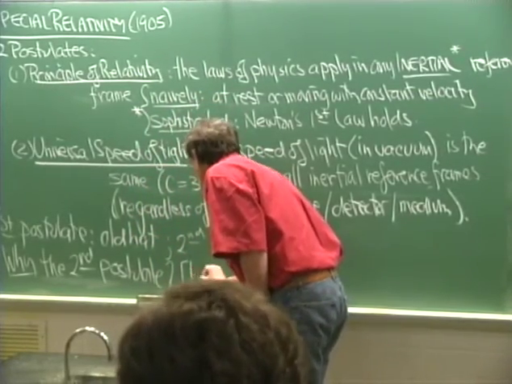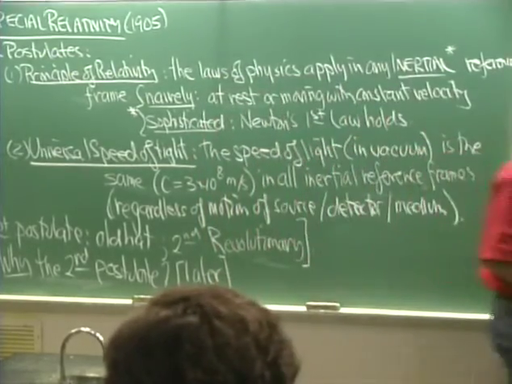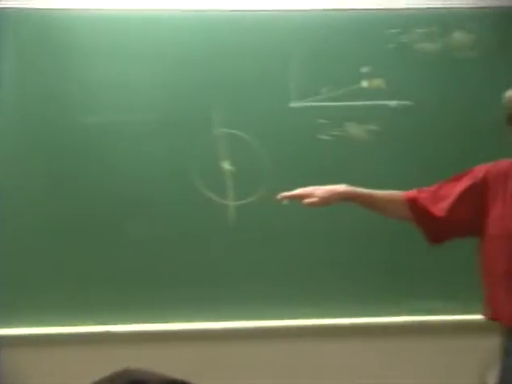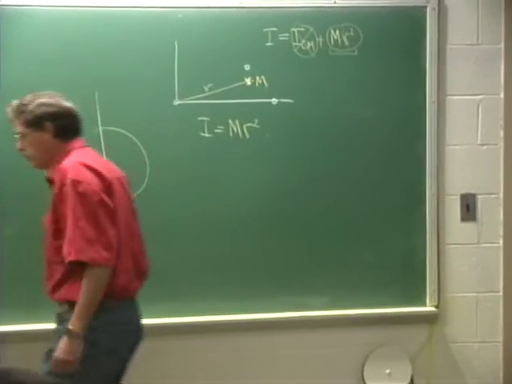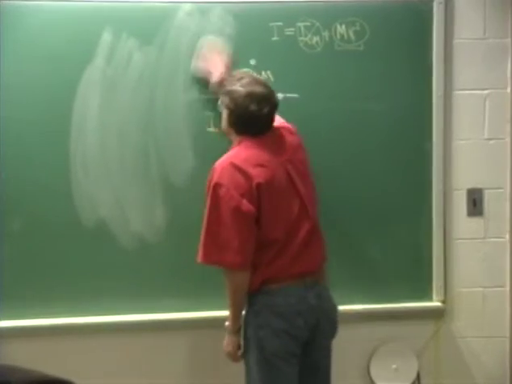Logically, right now, I should address that issue. But for reasons of convenience, I'm going to hold off on it for a moment. But I will come back to that either today or on Wednesday.